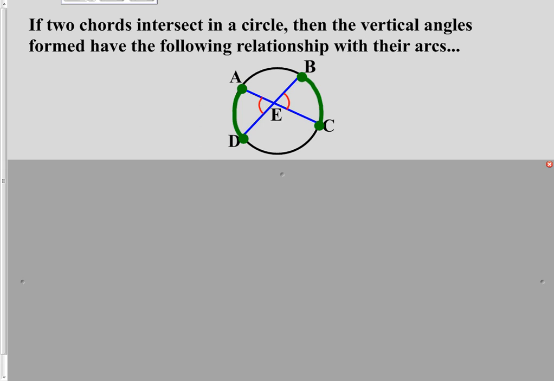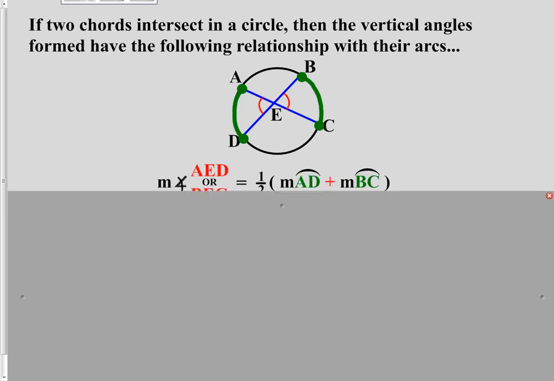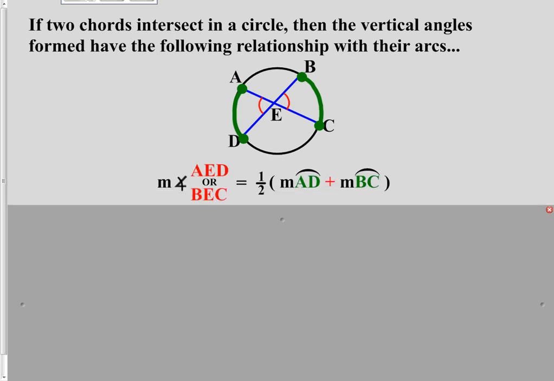One of those sets is marked with the little red arcs inside of there, and then there are also arcs that are highlighted in the picture, arc AD and arc BC, that are caught between those two chords the same way that the little red congruency marks are caught in between those two chords. Okay, and those four locations are related like this.